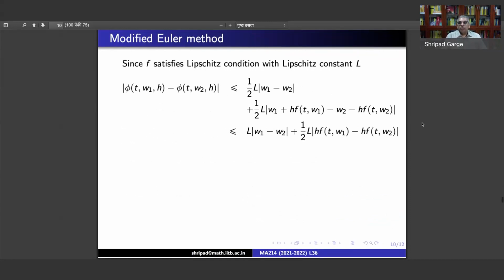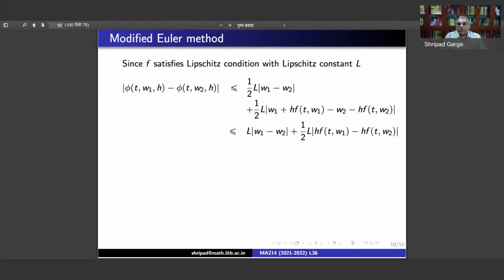Now further we see that this W1 minus W2 can be separated out from W1 plus h f(t, W1) minus W2 minus h f(t, W2). That can be written as mod of W1 minus W2 plus mod of h f(t, W1) minus h f(t, W2), and therefore you will have a less than or equal sign. This sign is about the right hand side of the above step and the right hand side of the new step that we have.